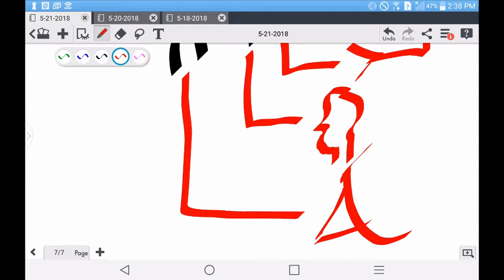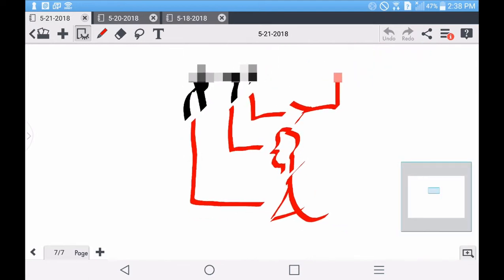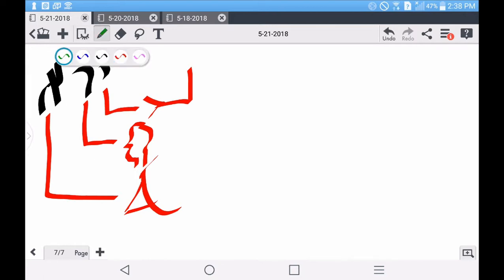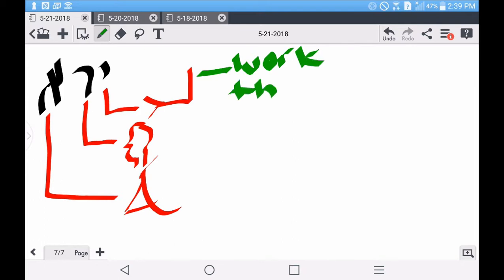Now, each of these different images or pictographs represent a particular concept, and the concept that is represented by the arm can be understood by looking at several different words related to this image. And the words related to this image include work, throw, and worship.